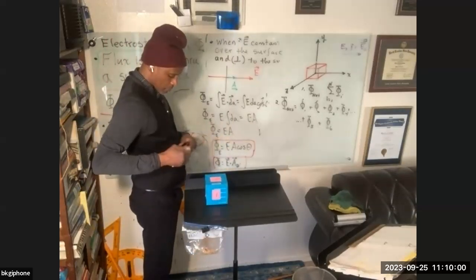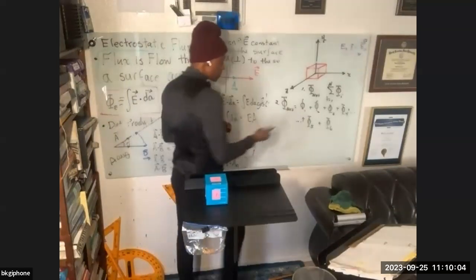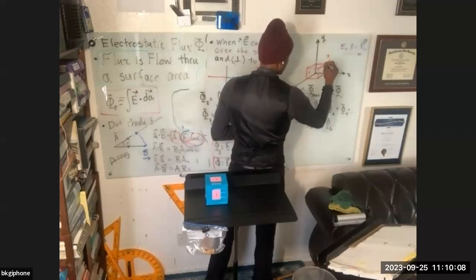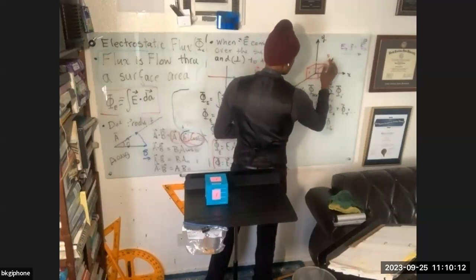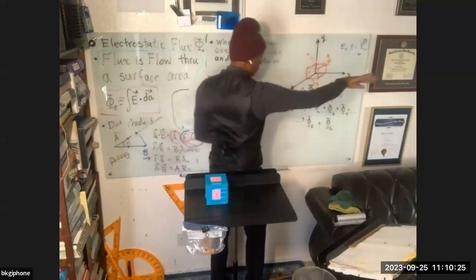So that would look something like this. 1, and then 2 is on the back. It looks like 2 is on the back. 3 is on the bottom. 4 is top. 6 points along the X direction.